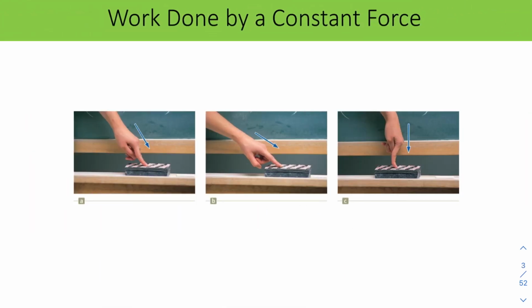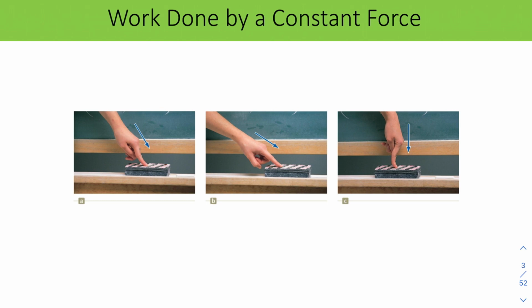So let's observe this diagram where we have a duster on a tray. By applying different positions or directions of force, let's consider the applied force coming from the finger here is a constant amount and the same, but they are different in terms of direction.